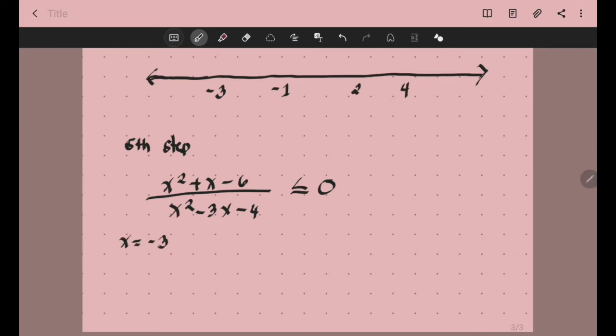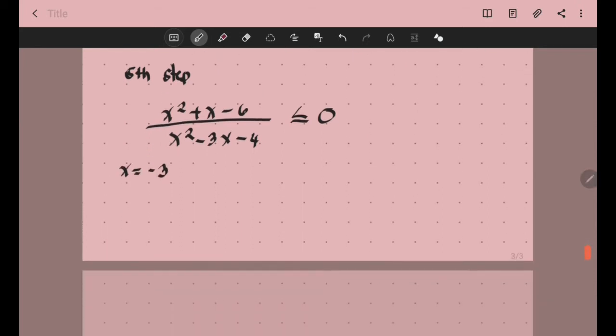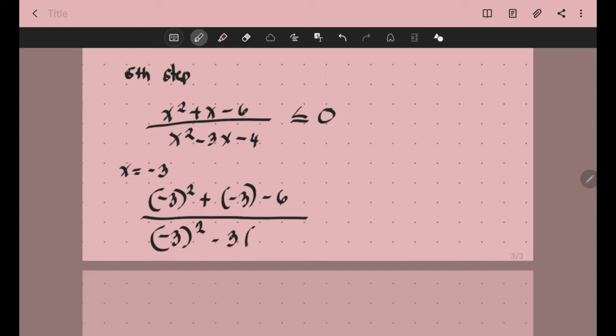So when x is negative 3, titignan natin kung masasatisfy niya ba itong ating rational inequality. So we have negative 3 squared plus negative 3 minus 6 all over negative 3 squared minus 3 multiplied by negative 3 minus 4.